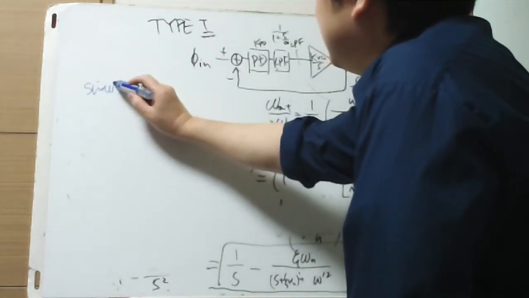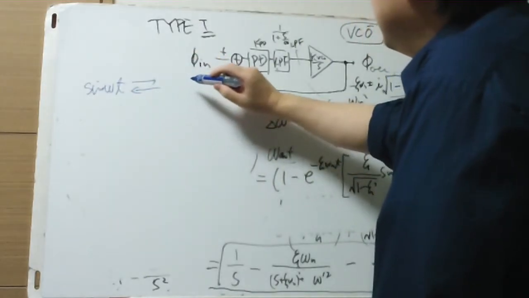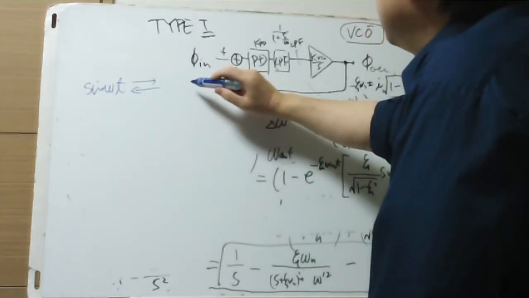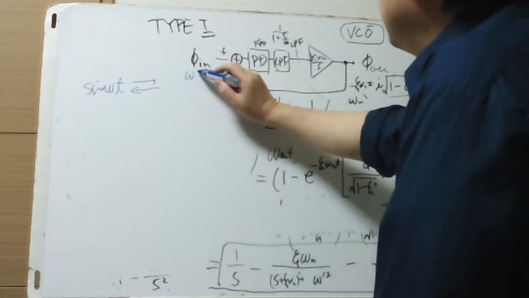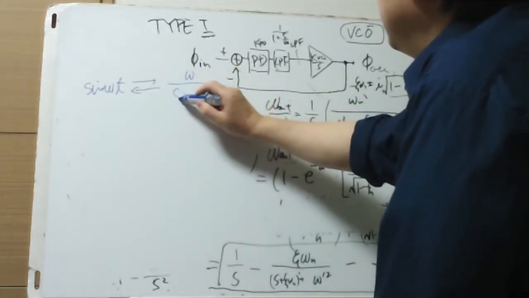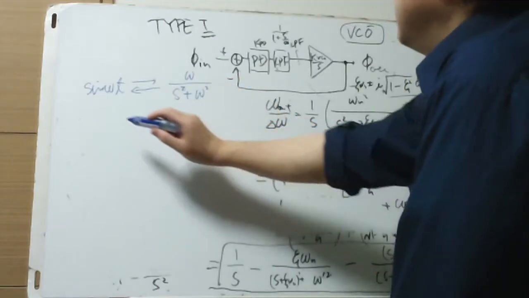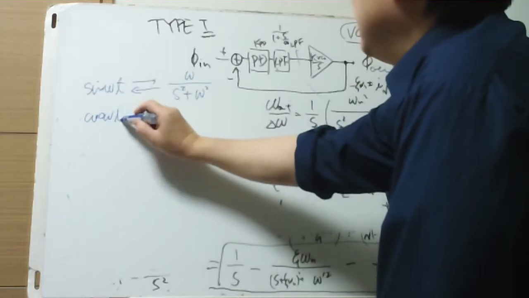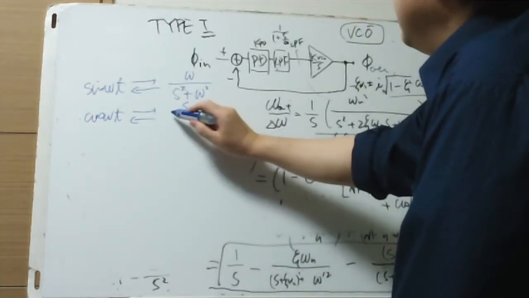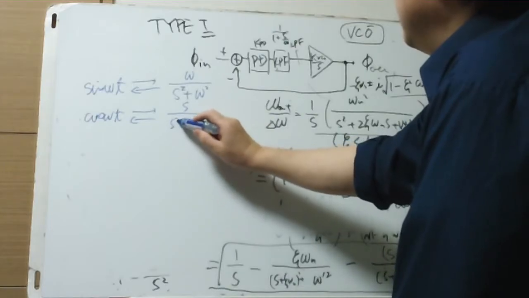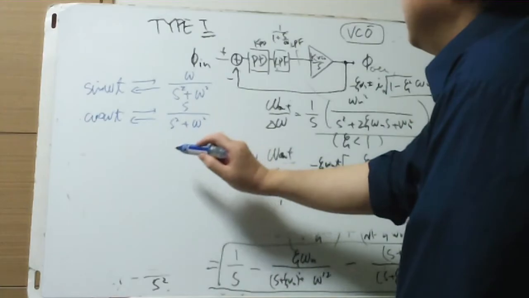The Laplace transformation of sine omega t equals omega over s squared plus omega squared, and the Laplace transformation of cosine omega t equals s over s squared plus omega squared.